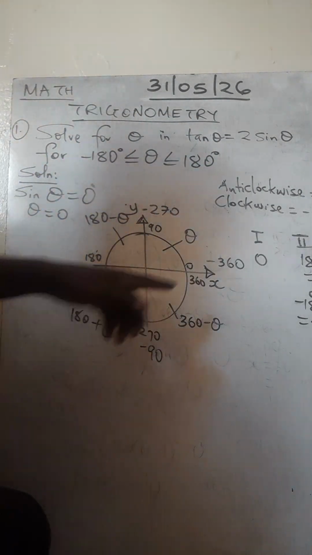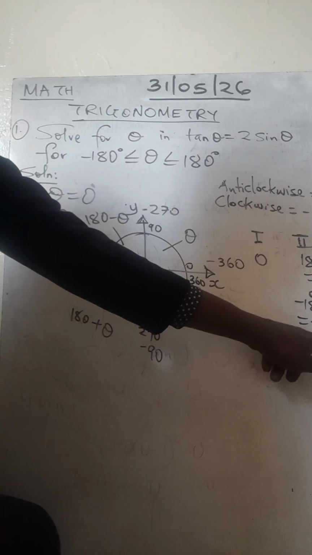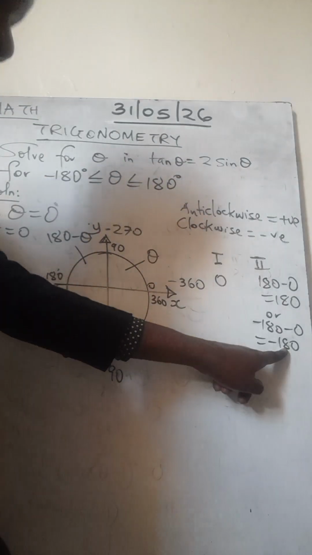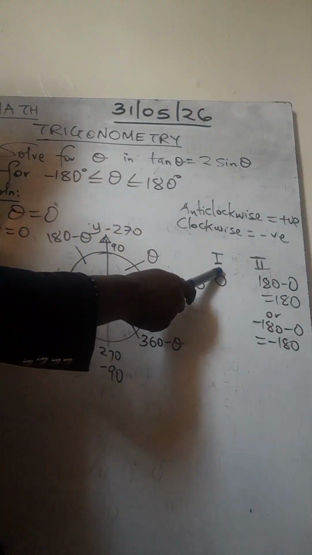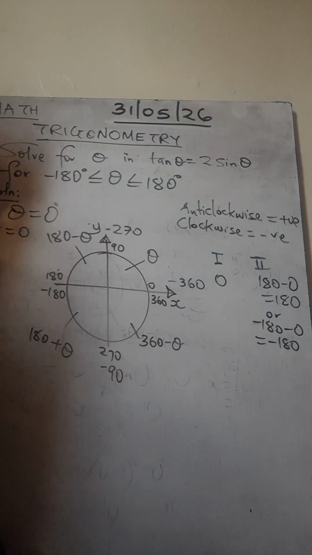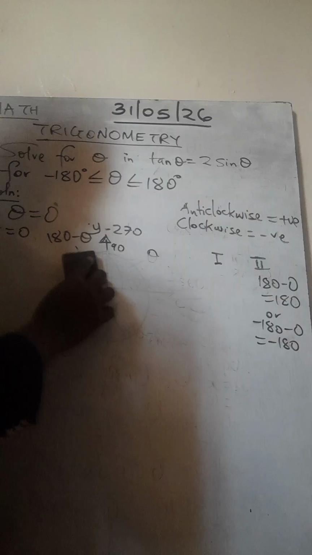So the options here are 0, 180 and negative 180. Those are the solutions we need. 0, 180 and negative 180. Hope that one is helpful. Now we are done with sine of theta equals 0.